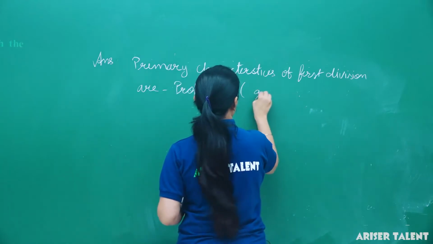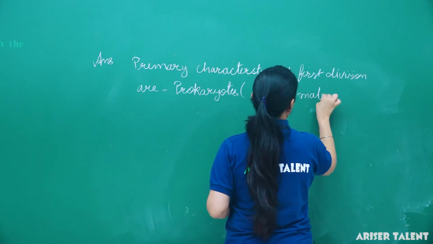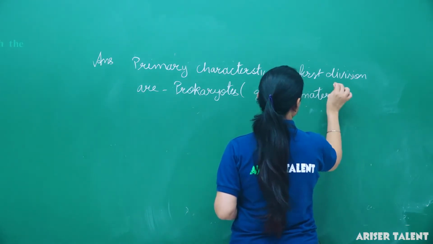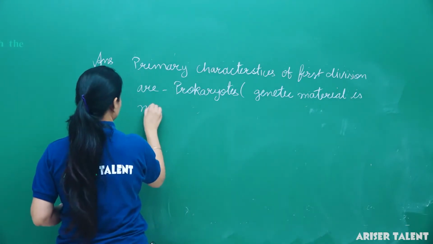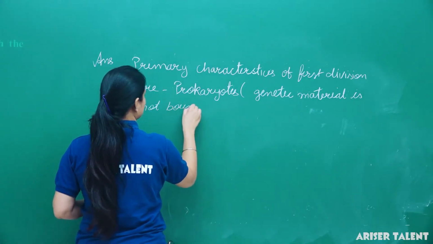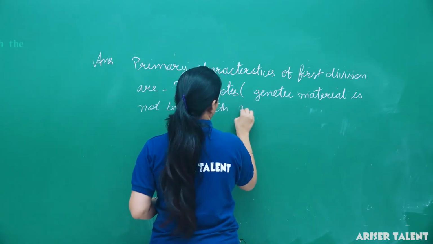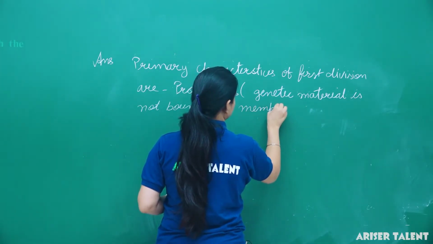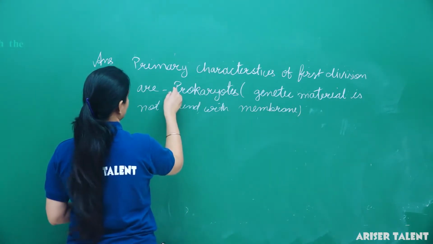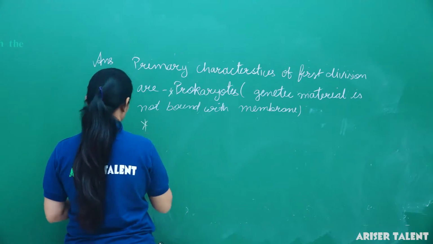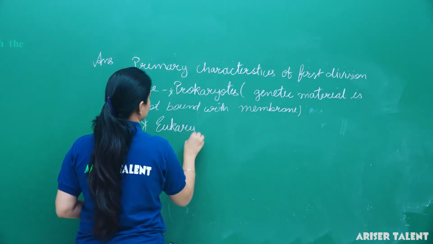Prokaryotes means genetic material is not bound with membrane, and the first was prokaryotic and the other was eukaryotic or eukaryotes.